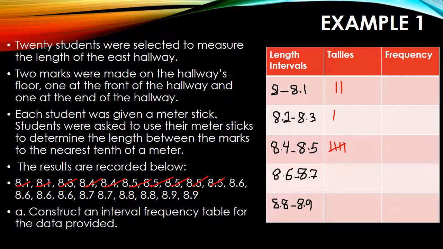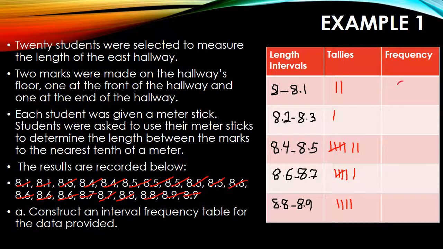Then 8.6, 1, 2, 3, 4, 5, 6 goes into the next one. And then 8.8, we have 1, 2, 3, 4. We have 4 data points that go into the last interval.